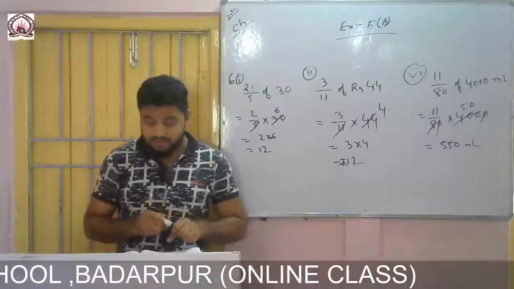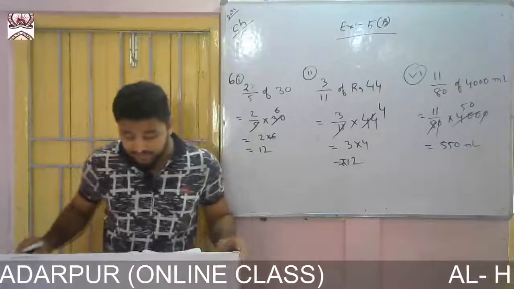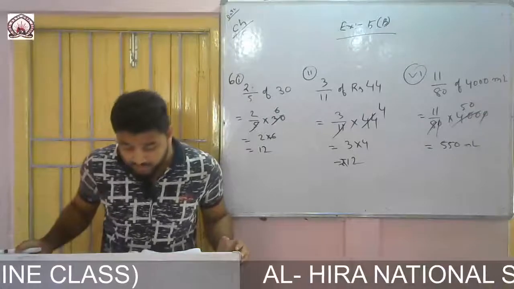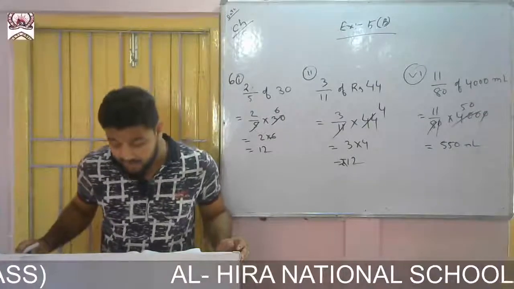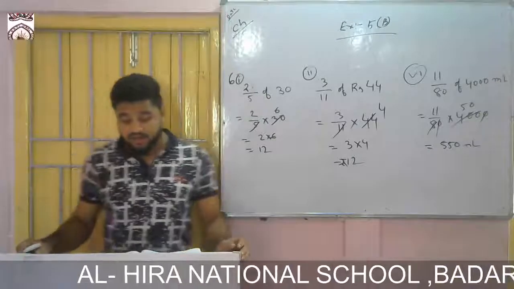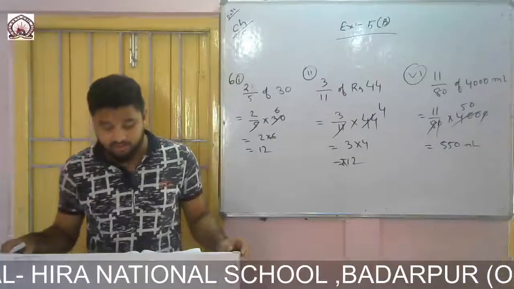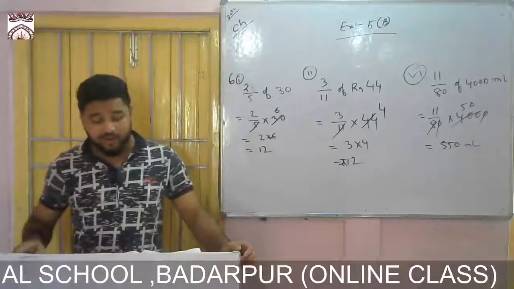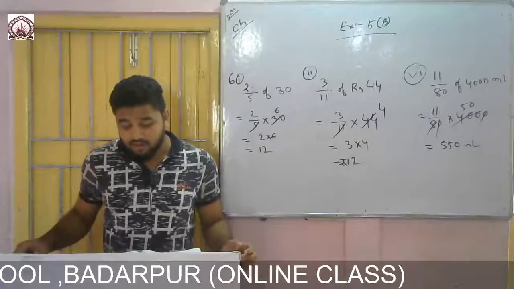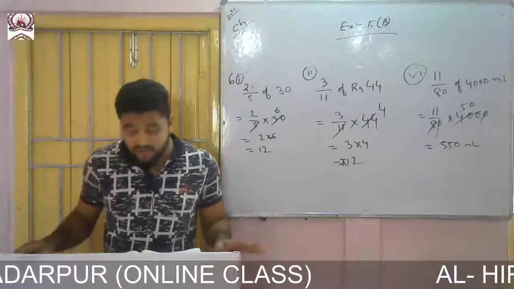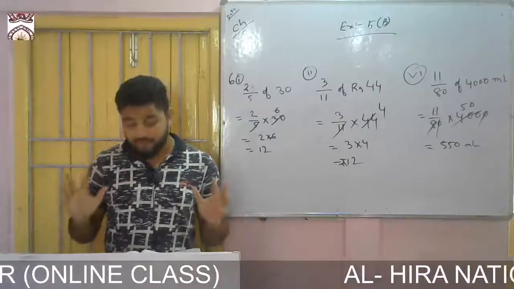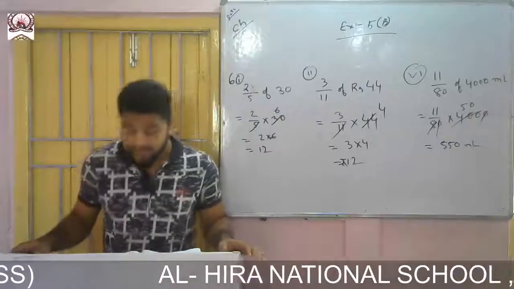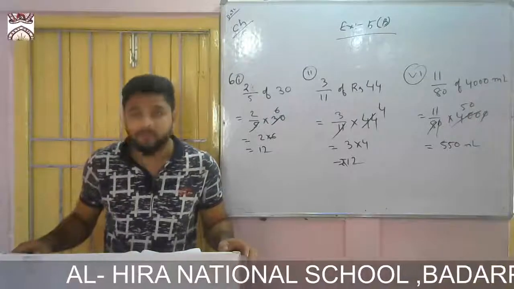Now come to high order thinking skills. Anjali has 3 by 5 cup of brown sugar. The recipe for carrot cake requires 5 by 7 cup of brown sugar. Does she have enough brown sugar for the cake? Explain. So in the question it is said that Anjali has 3 by 5 cup of brown sugar, and the recipe for carrot cake requires 5 by 7 cup of brown sugar.